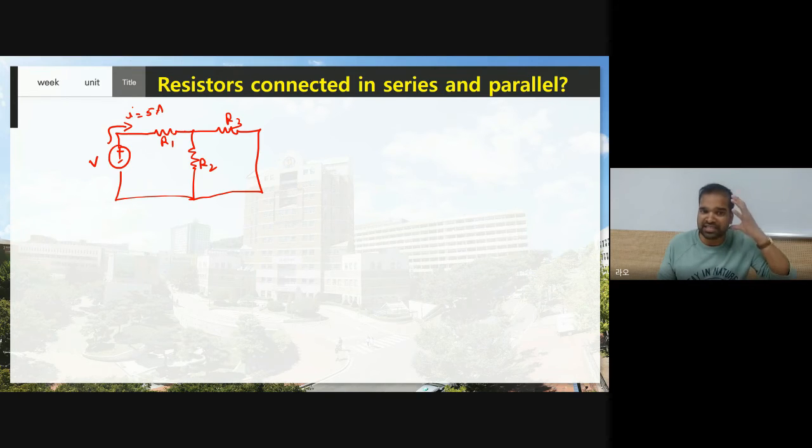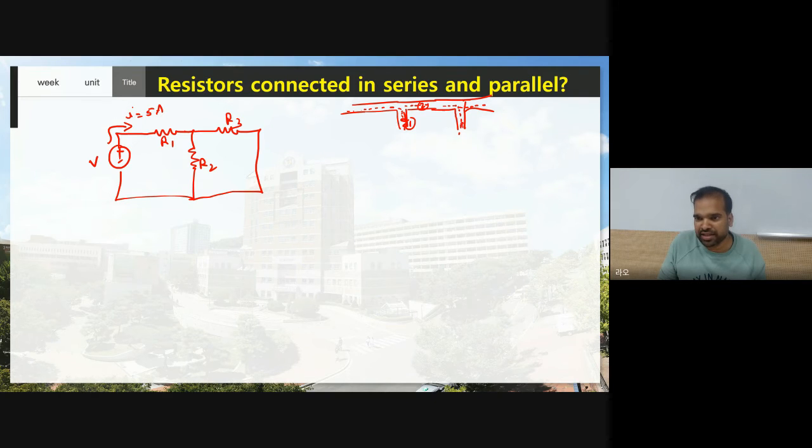Now you just imagine a water pipe connection. Water is coming like this. Whenever you have a joint, some water will go here and some water will come here. Therefore, part 1 and part 2 are connected in parallel. Once again the same water is coming here, and after coming here some water will go this way and some that way.